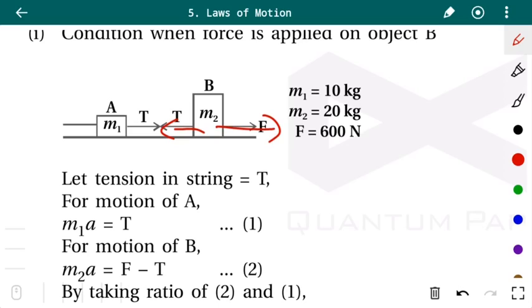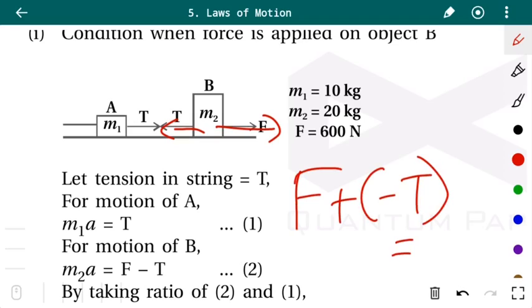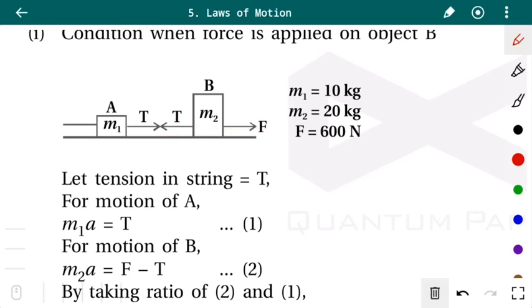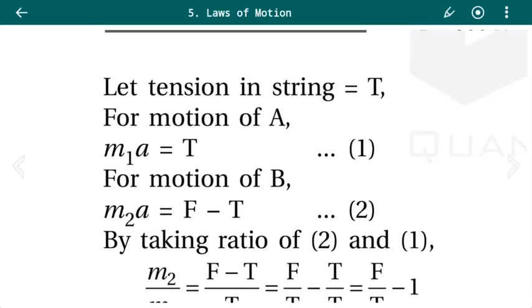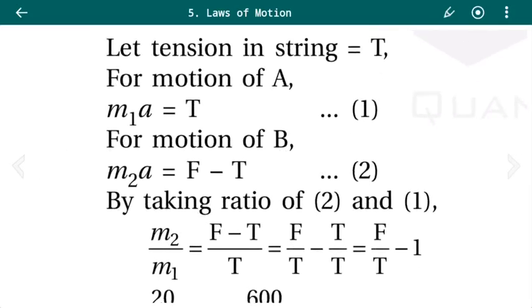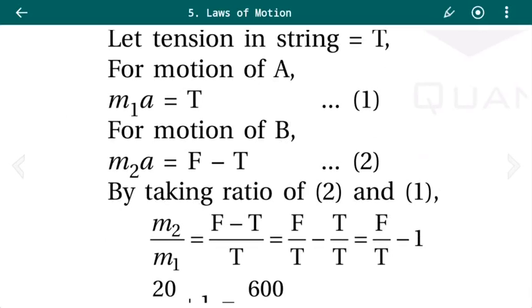So for motion of B, force is in the positive direction, so we can write F plus, minus T since tension is in the opposite direction, equals the external force, that is M2A, for the motion of the object B. So here F minus T equals M2A. So equation 1 is M1A equals T, equation 2 is M2A equals F minus T.